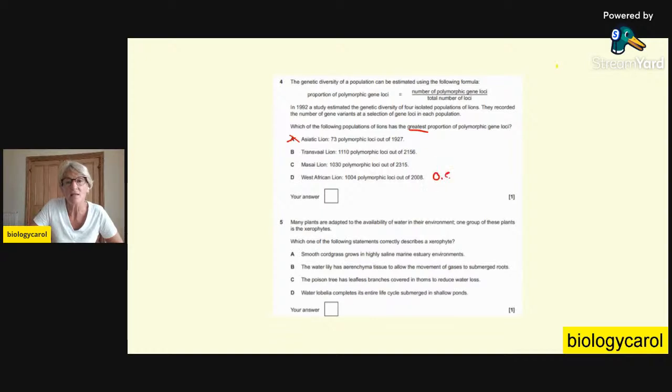And I'm spotting that this would equal exactly 0.5. I'm now looking at this one, 1,030 out of, well, this is a smaller number out of a bigger number. This is a bigger number and this is a smaller number.